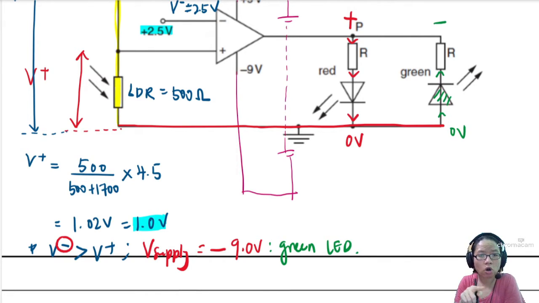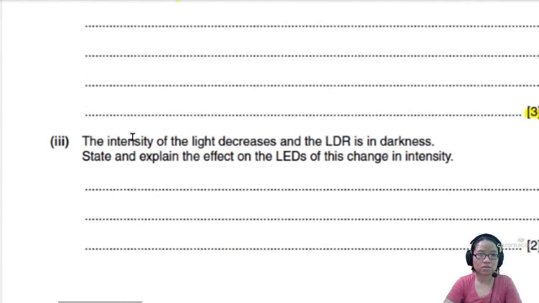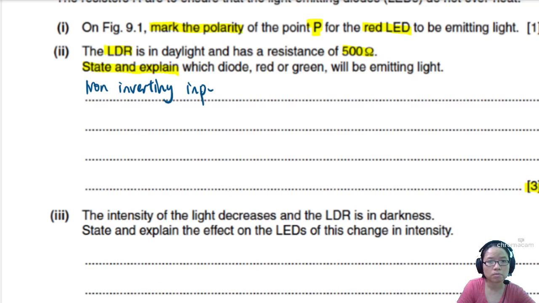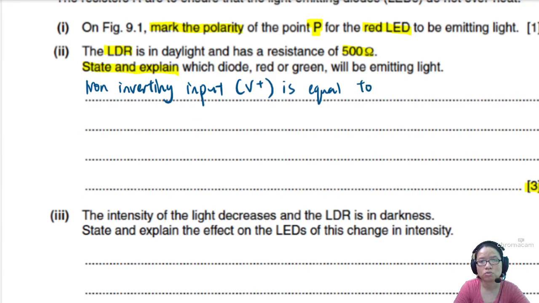So now we need to write all of these points nicely in equation, but in sentence form. Okay, come, we write together. We explain first. So you can say that V plus, which is the non-inverting input, and I'll bracket V plus so I never have to write the full name again, is equal to, and I will also show the working because sometimes the mark scheme will ask for the working.